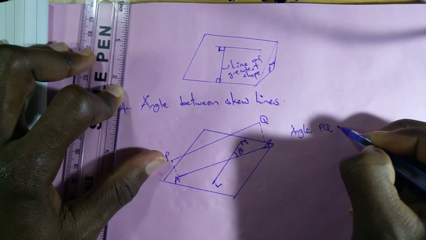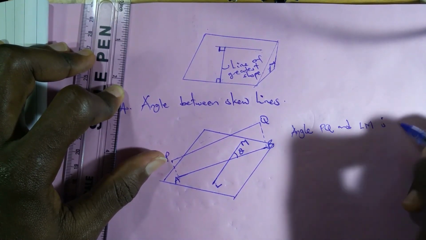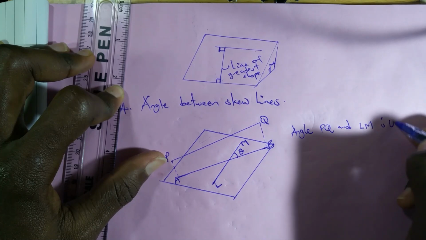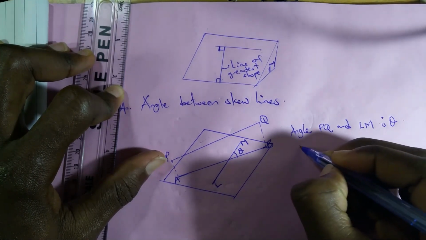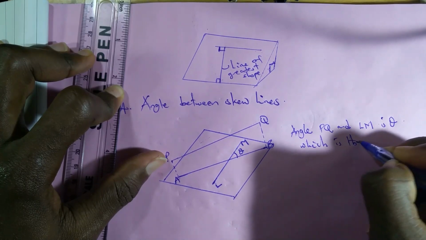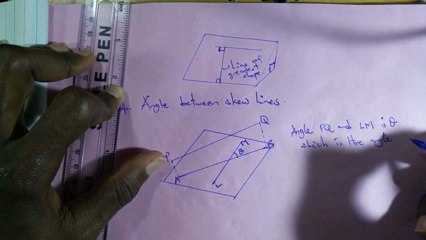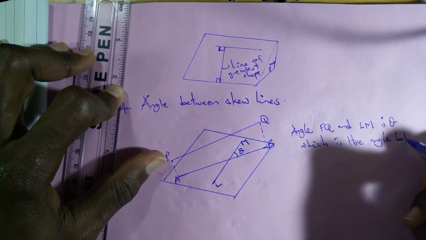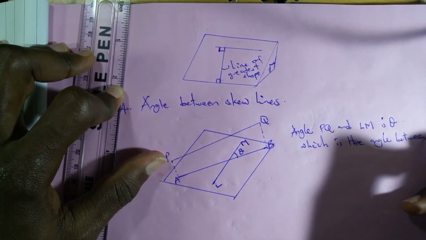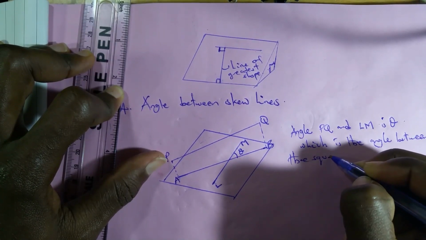So the angle between PQ and LM is theta, which is the angle between the skew lines.